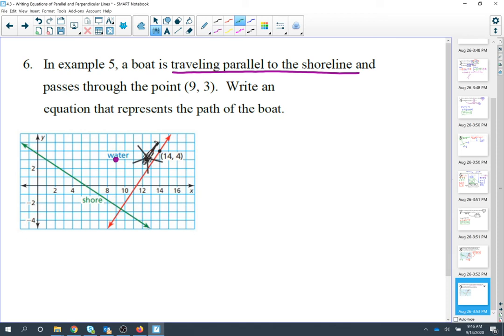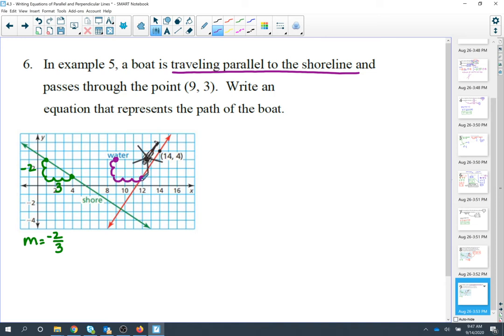So just to recap, for my shoreline we knew that we had this point right here and this point right here. So we went down 2 over 1, 2, 3. So our slope was negative 2/3. Now my boat is traveling parallel to that. Well, parallel means we have to do the same thing. So down 2 over 1, 2, 3.